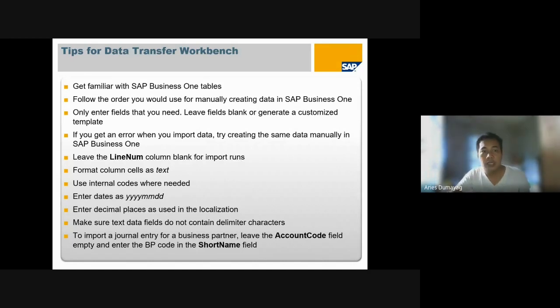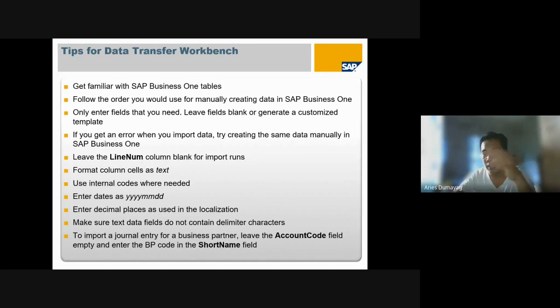And then, follow the order you would use for manually creating data in SAP Business One. And only enter fields that you need. Do not add fields that are not needed in your database. Okay? And if there's a need to leave an item or field blank, leave it blank.